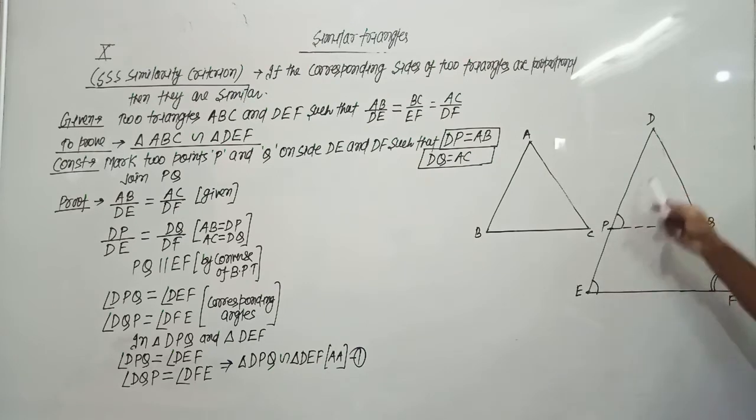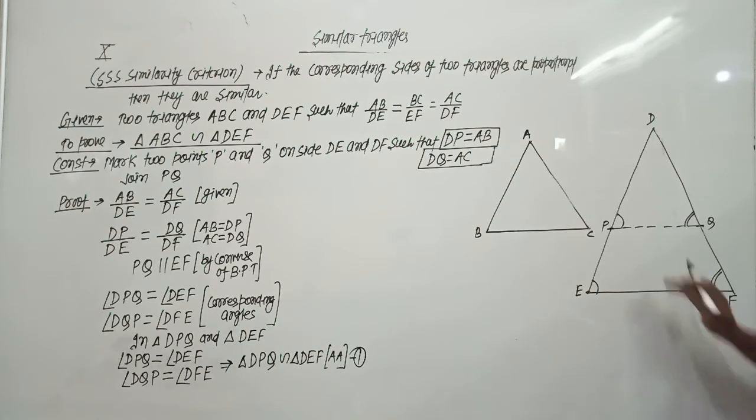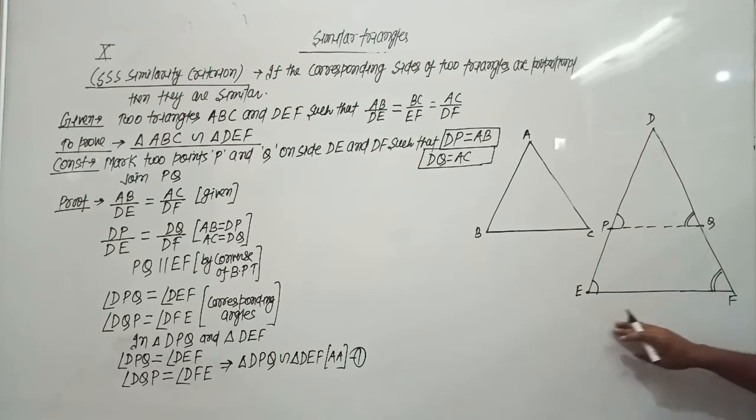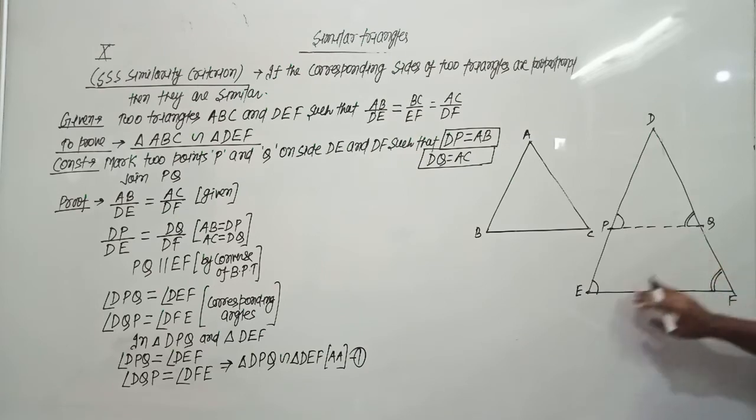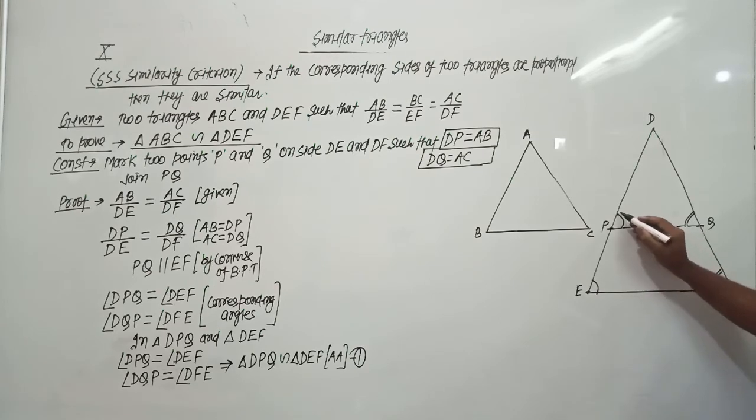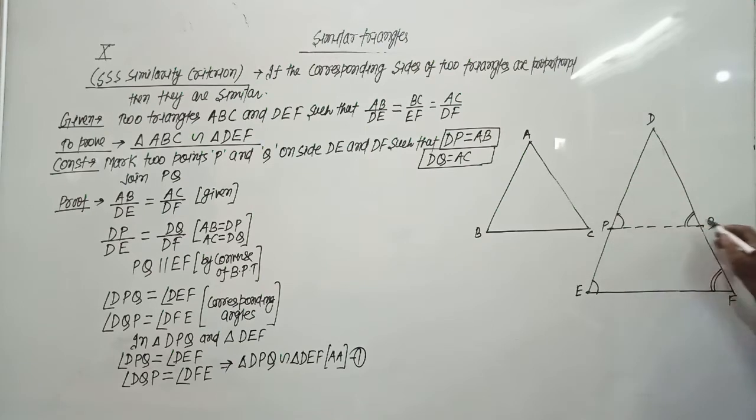So DP upon DE equals DQ upon DF. It means side PQ is parallel to EF. And if PQ is parallel to EF, then their corresponding angles must be equal, meaning angle DPQ equals angle DEF and angle DQP equals angle DFE. These are the two corresponding angles.